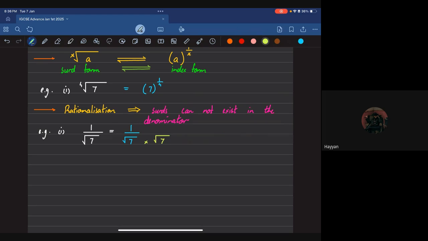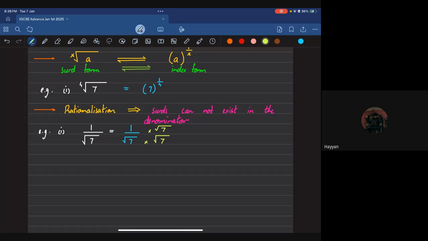So how will you do that? Just a moment, yes. So simply what you're going to do is you're going to multiply in order to maintain the balance of the equation.